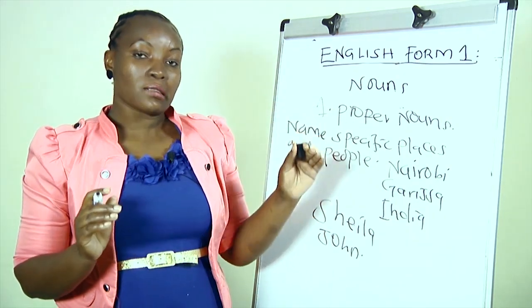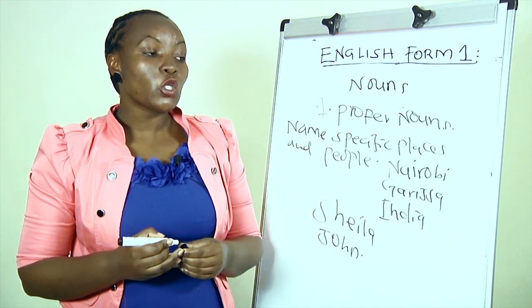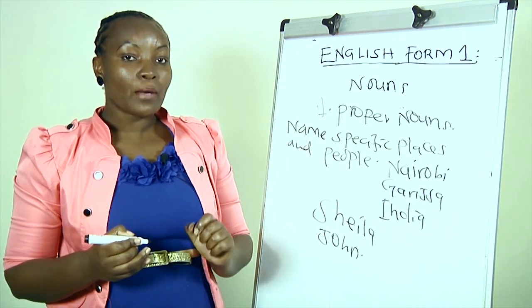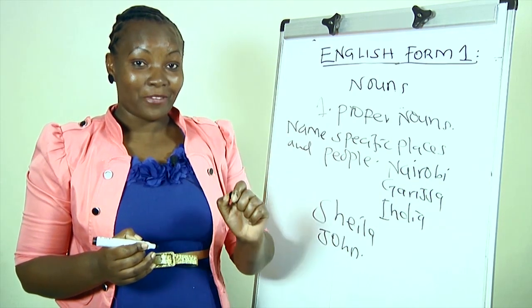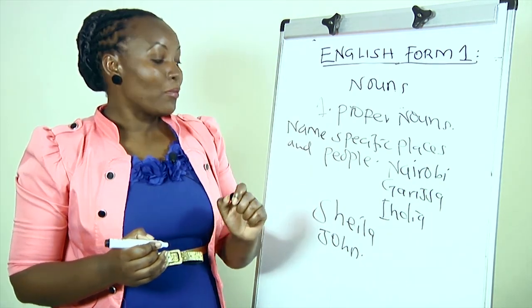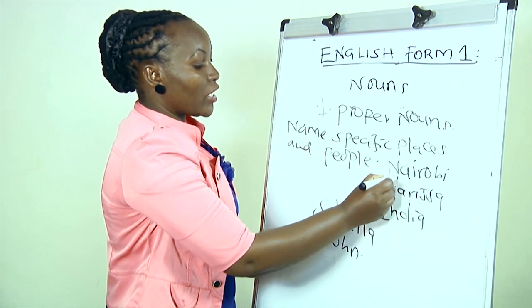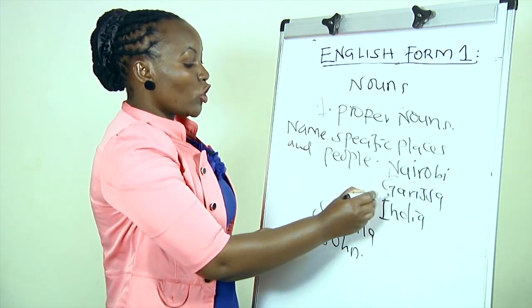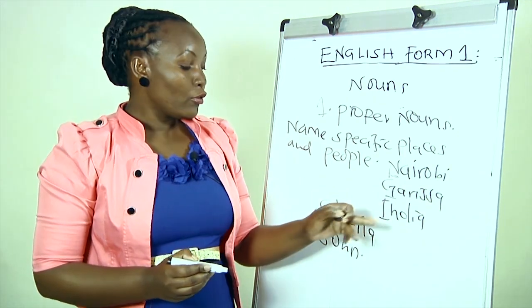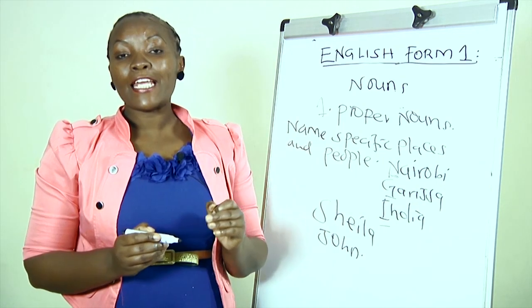But something so distinct about proper nouns is that all of them start with an initial capital. They start with an initial capital because they are names of specific people and specific places. A very good example: if you look at Nairobi, N is our initial capital. If you look at the name Garissa, then G is an initial capital. If you look at India, I is an initial capital. Initial meaning the first.